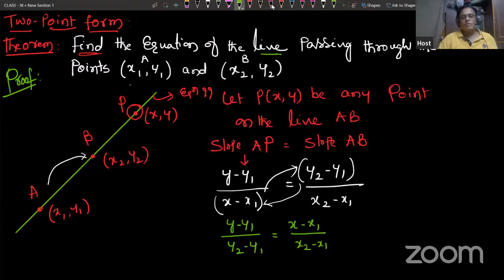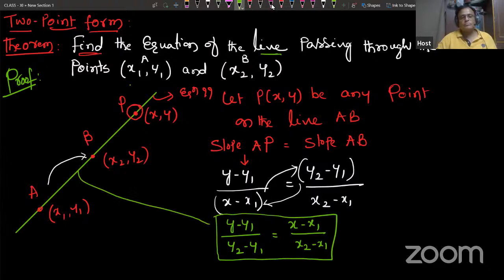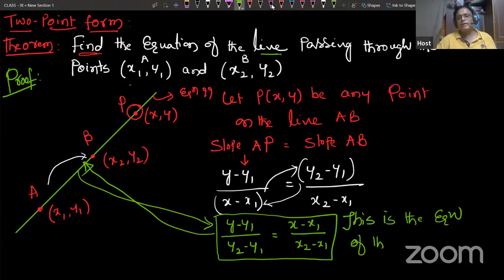So this is the formula: (y minus y1) upon (y2 minus y1) is equal to (x minus x1) upon (x2 minus x1). This is the equation of the required straight line.